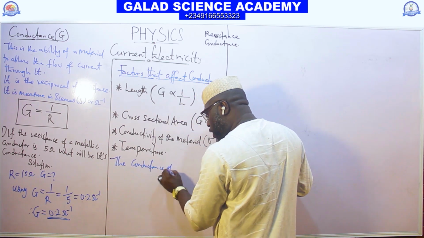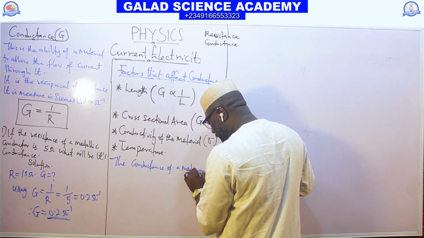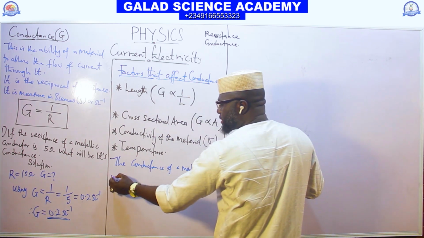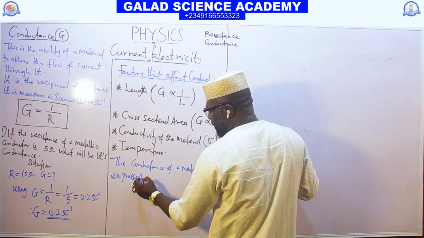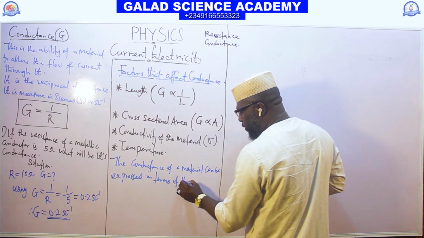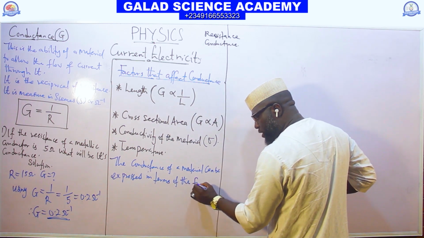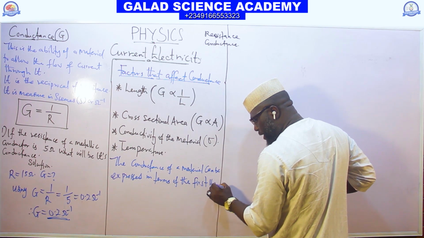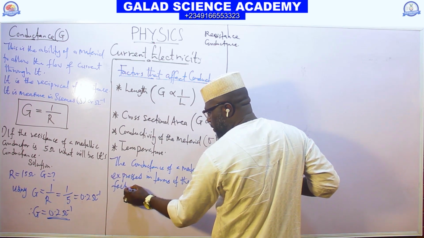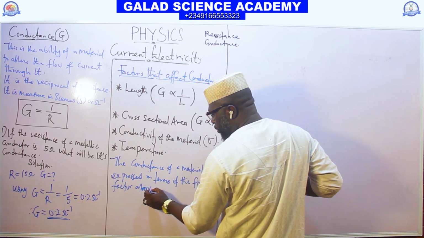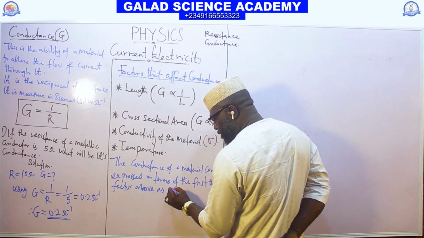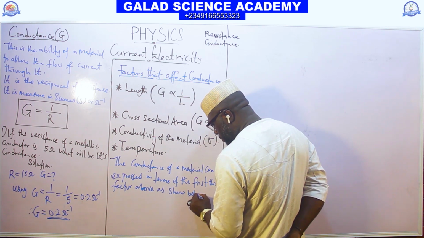And we can now say that the conductance of a material can be expressed in terms of the first three factors above, as shown below.